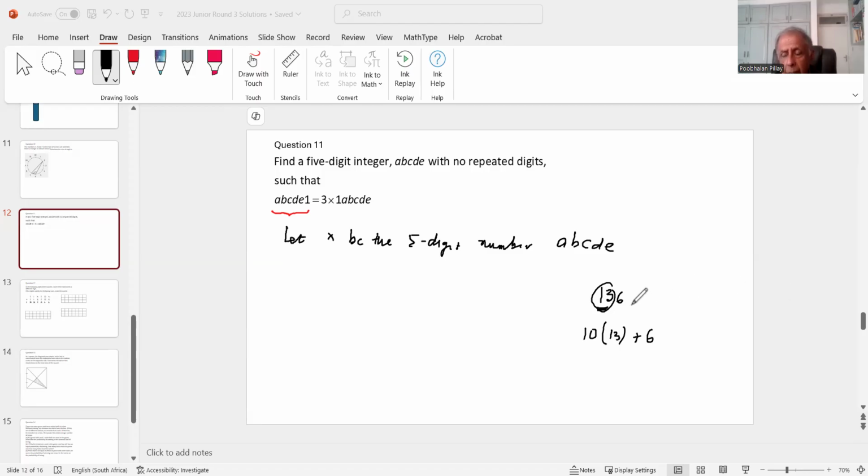If I had 1365, then that is equal to 10 times 136 plus 5, because it's 1360 plus 5. See? So here too, this is A, B, C, D, E, 0 plus 1.